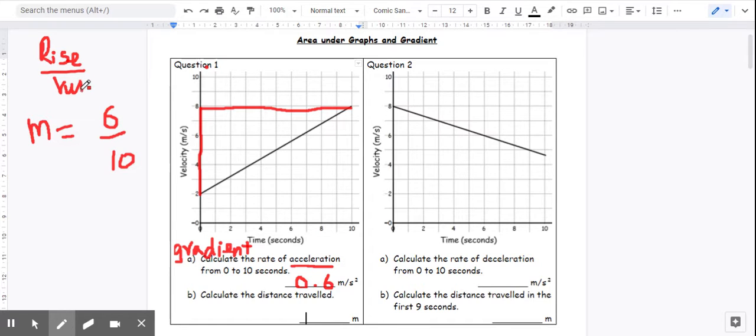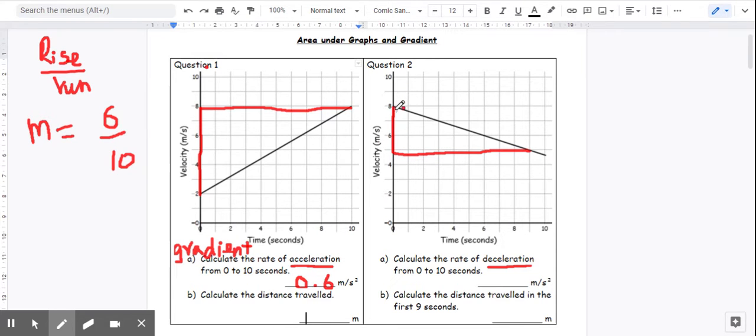In the next question, we're trying to find the rate of deceleration from 0 to 10. You are going down, so it would be a negative value, and hence it's called deceleration. Notice I've just gone until 5 on the x-axis, and then I'm running across because it reaches the end of the square rather than in between, because it's harder for me to calculate the value of y.